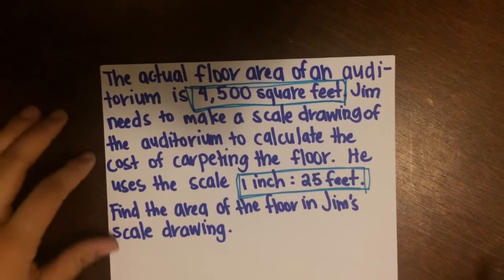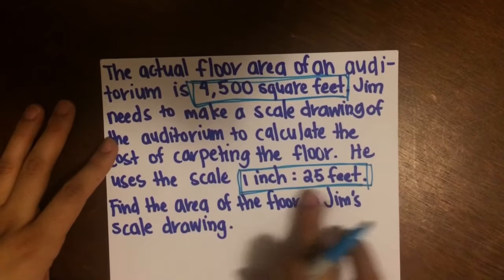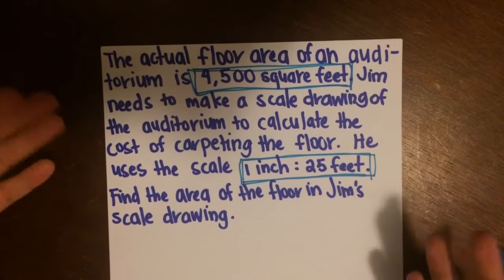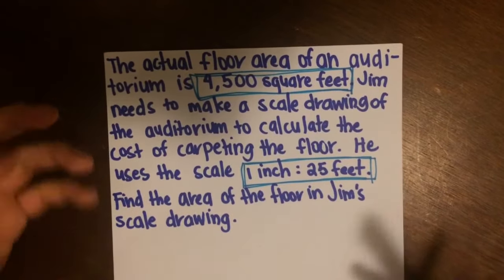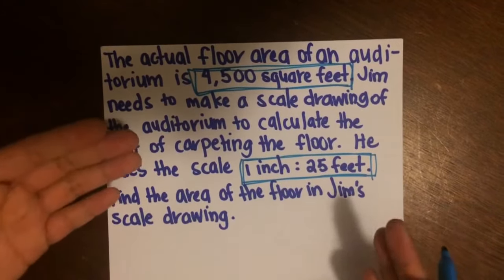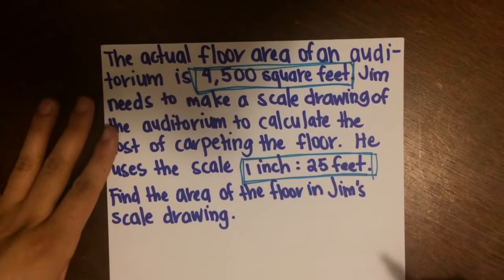All right. Since I've got this right here, I'm going to focus on the ratio that it is and making this into a proportion that will help me figure out exactly how many inches the area is on the scale drawing.